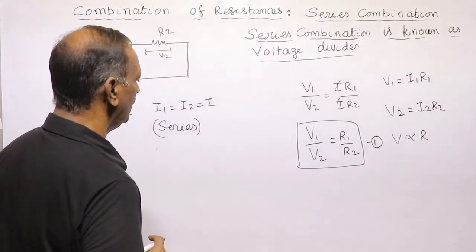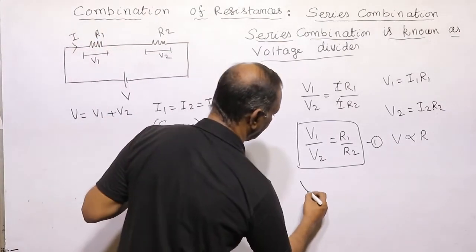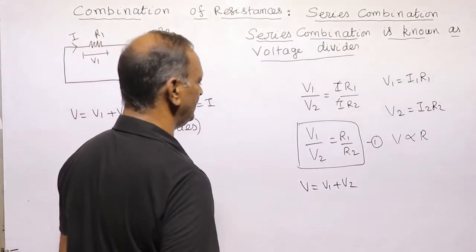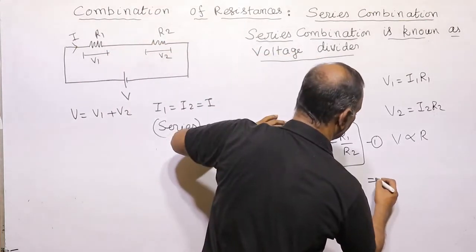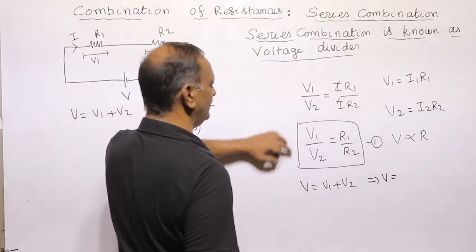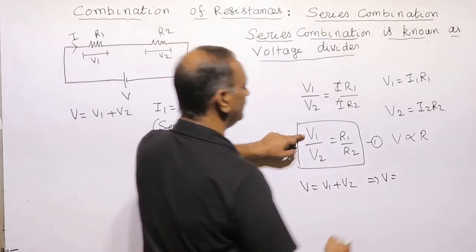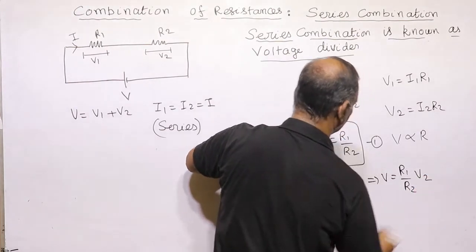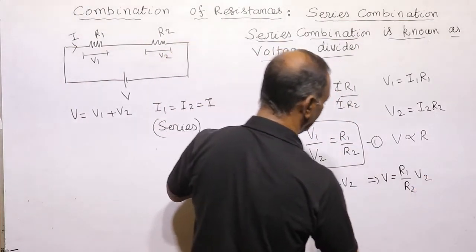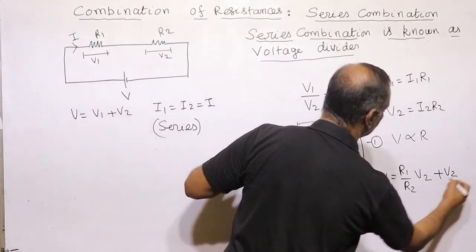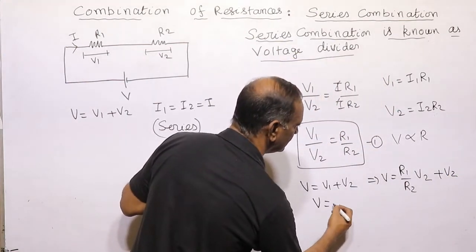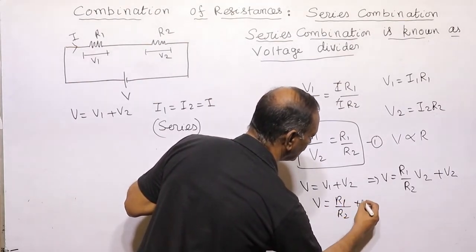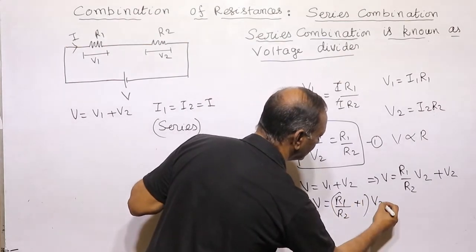Second thing is V is equal to V1 plus V2. In place of V1 we can write R1 by R2 into V2, plus V2. Therefore V is equal to R1 by R2 plus 1, into V2.